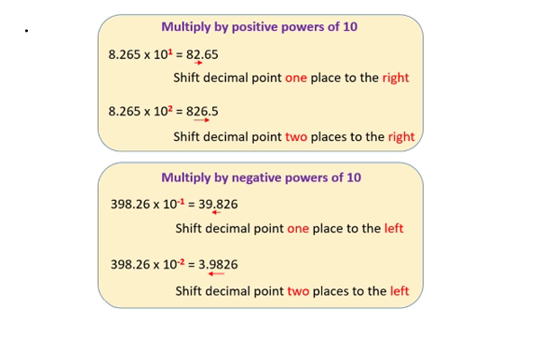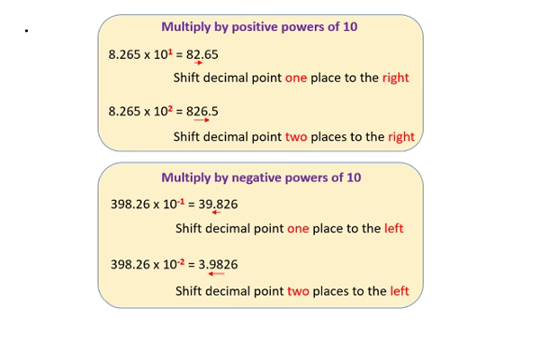8.265 multiplied by 10 squared. When you multiply by 10 squared, or 100, the decimal point shifts 2 places to the right. It will come 826.5. When you multiply by negative powers of 10, for example 10 to the power of minus 1, 398.26 multiplied by 10 to the power of minus 1.